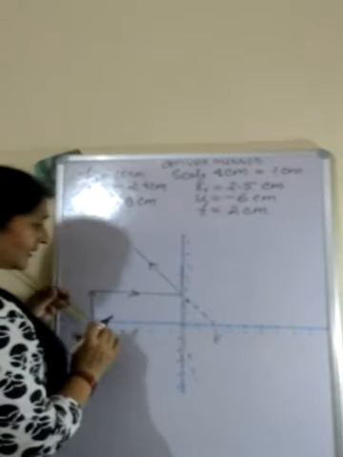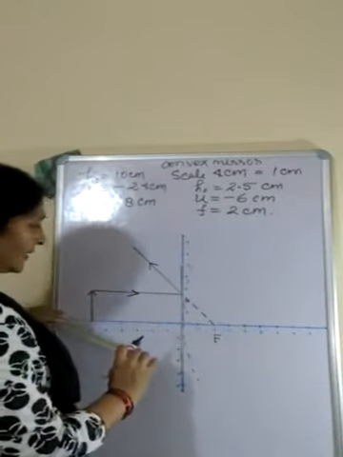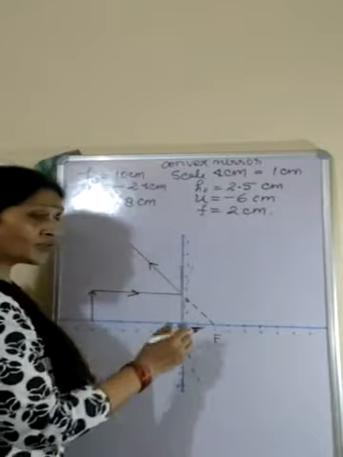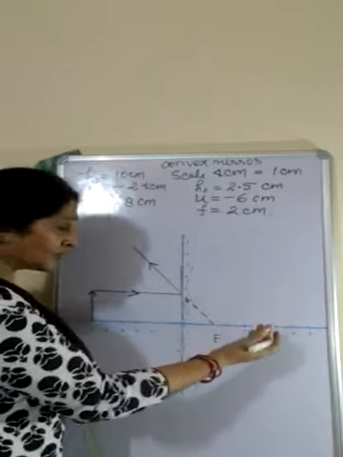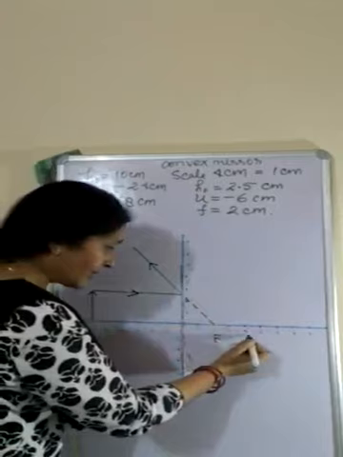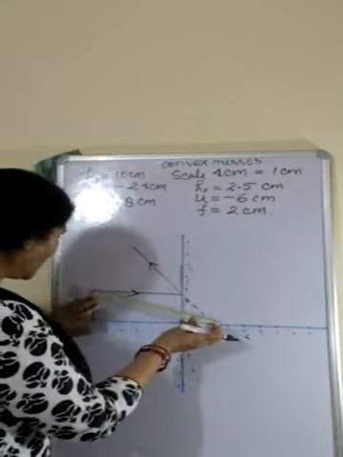And the second ray we will take, which will pass through the center of curvature of the mirror, that is here. Now we will draw in this way.